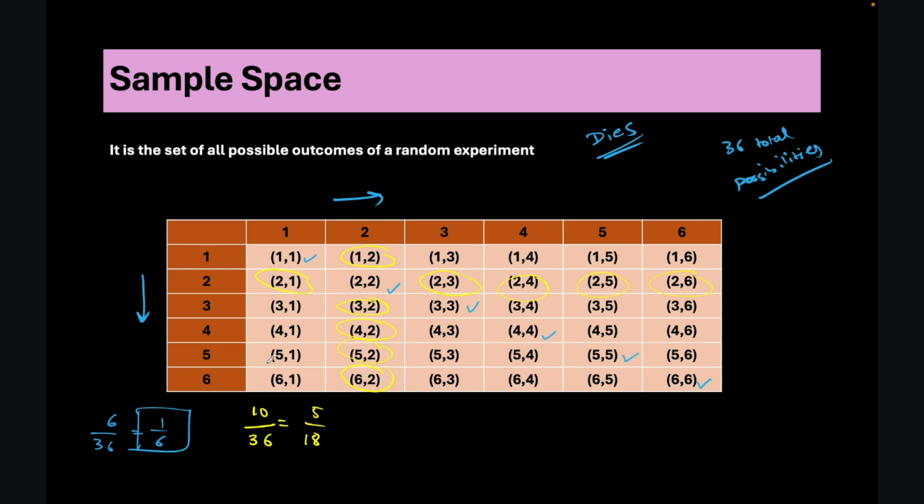So anything that can equal 7, so this can equal 7, this can be 7, 4 plus 3 is 7, 3 plus 4 is 7, 2 plus 5 is 7, 6 plus 1, and 1 plus 6 is 7 as well. Is anything else going to add up to 7? No, I'm afraid not. So we have 1, 2, 3, 4, 5, 6. Again, 6 by 36 simplified to 1 by 6.